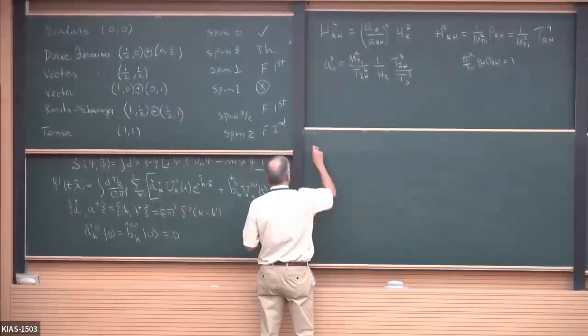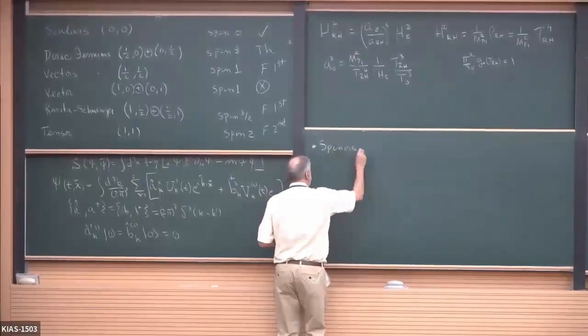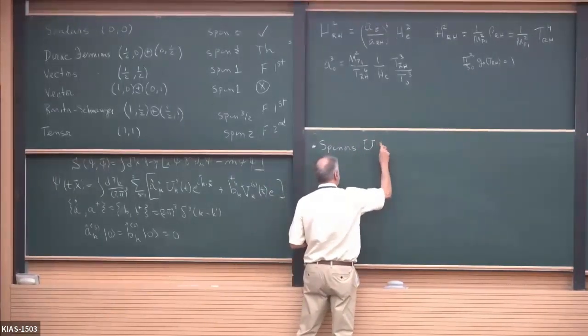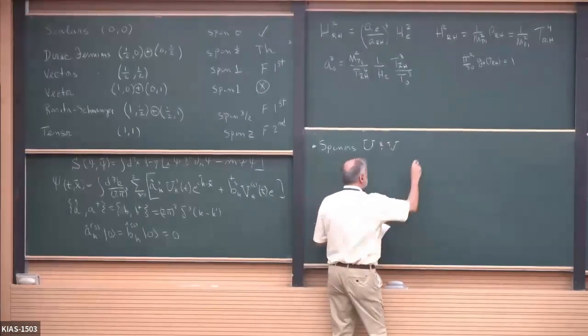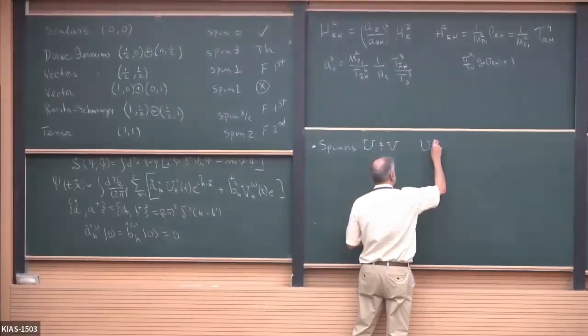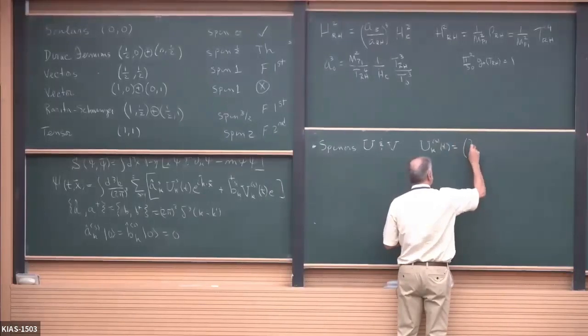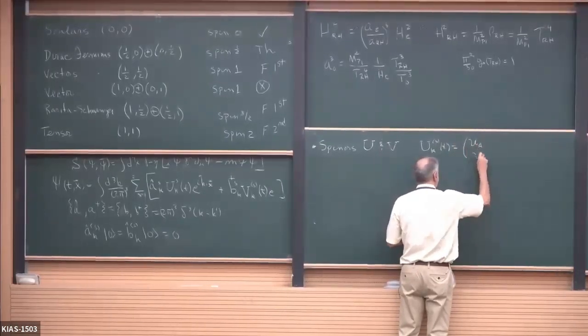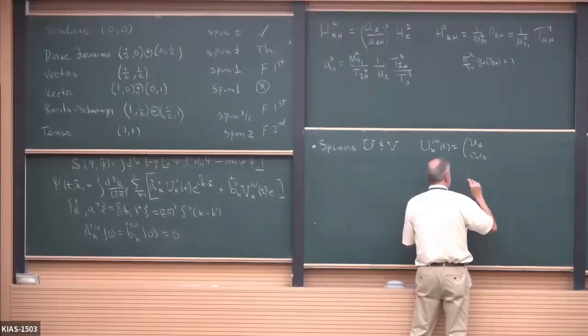And the spinors, I can choose the spinors U and V in terms of UA and UB. There's probably an S there.